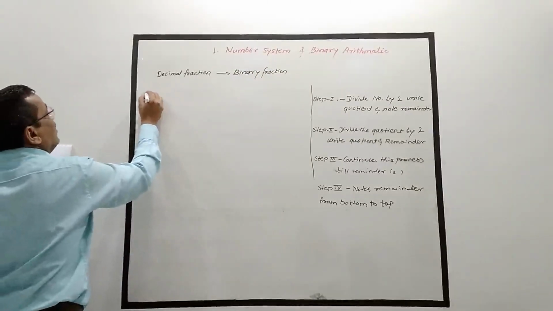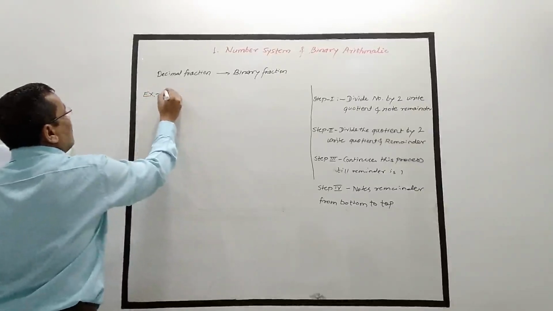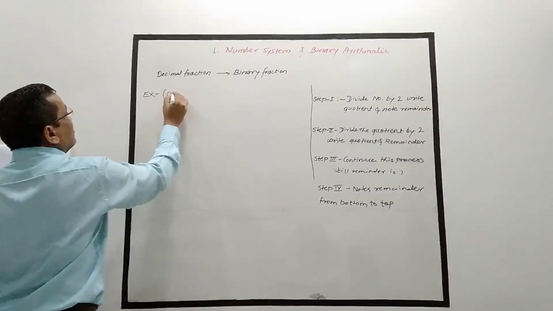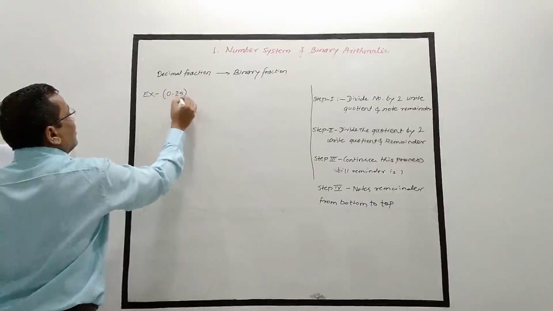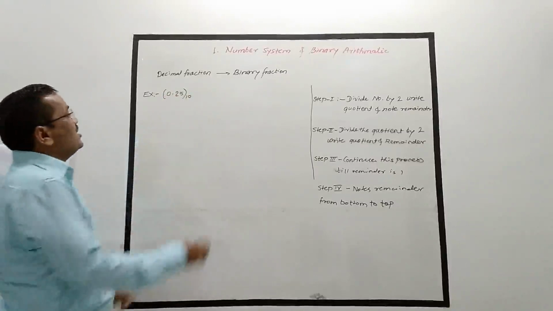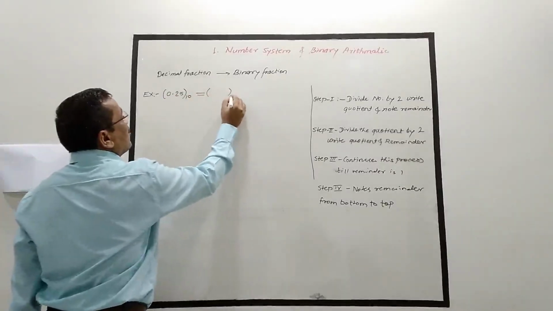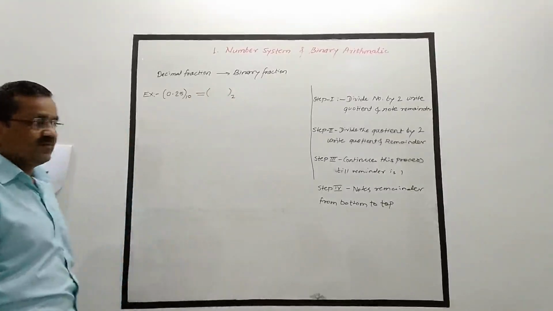We want to convert the decimal fraction 0.25 into its equivalent binary fraction.